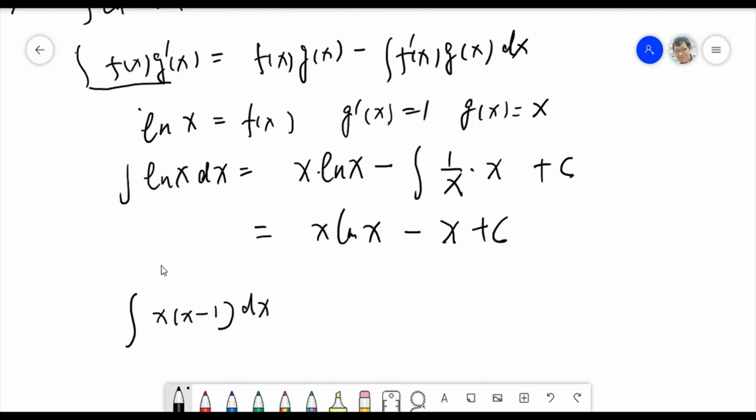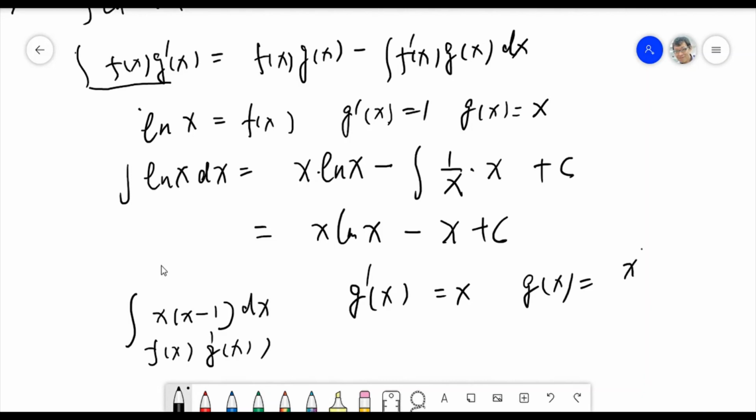Okay, let's use integration by parts. So this will be f(x) times what? g'(x), right? If g'(x) equals x, then g(x) will equal what? x squared over 2. Am I right?